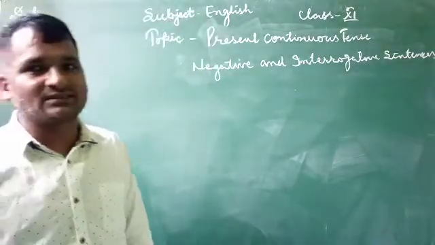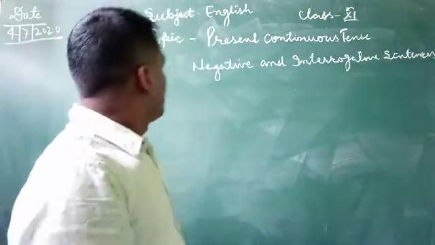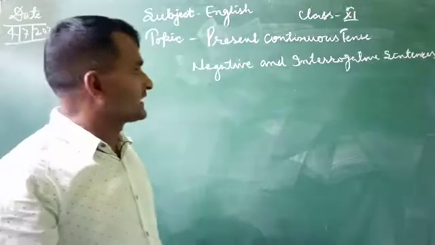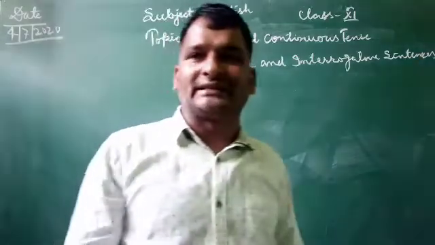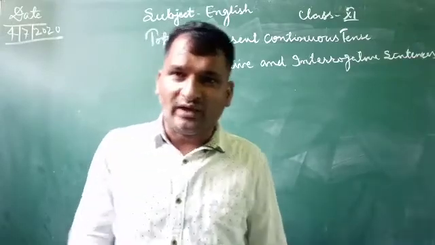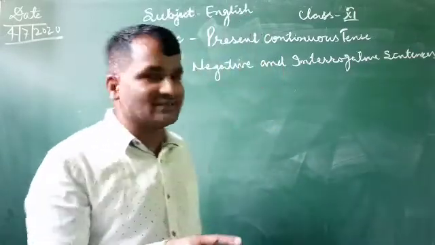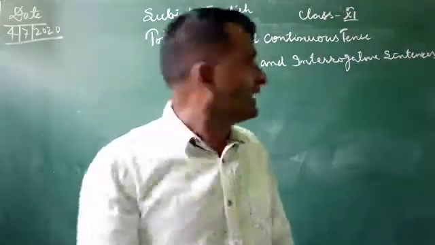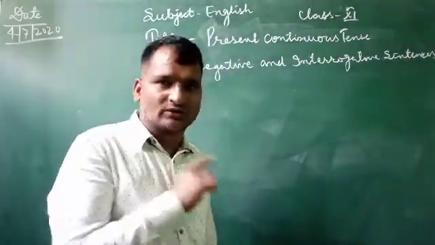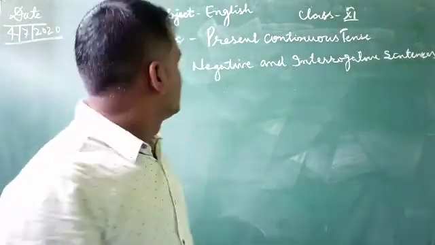In the previous lecture I taught you about present continuous tense if the subject is in singular or plural number. We use subject plus helping verb of present continuous tense according to the subject, and after that the rest of the sentence.